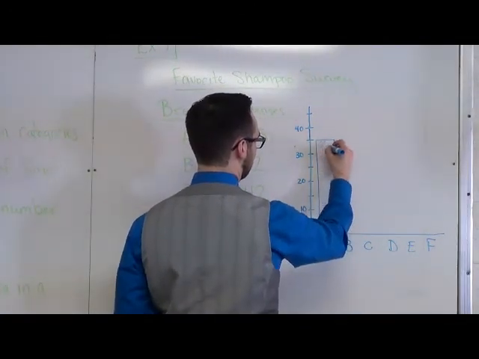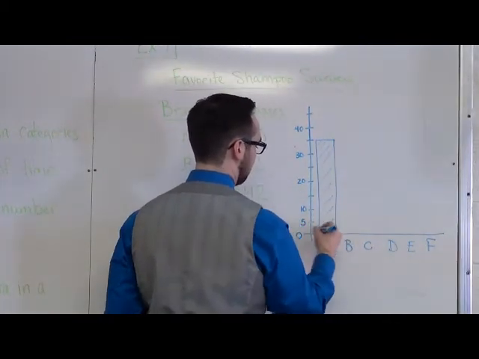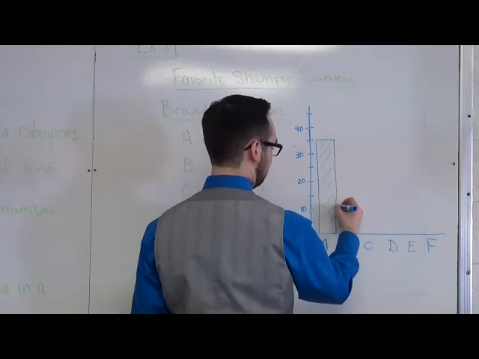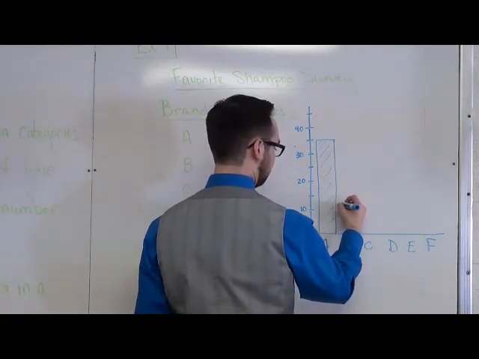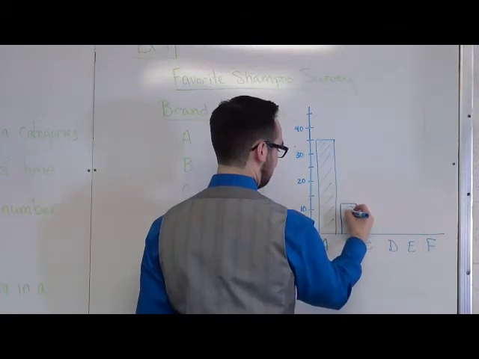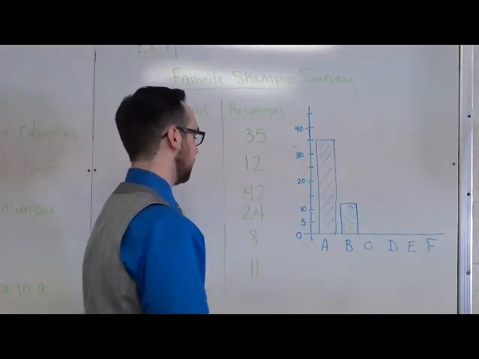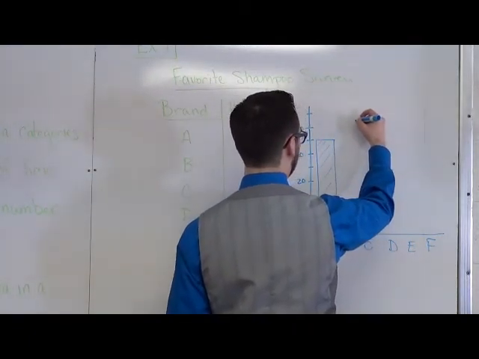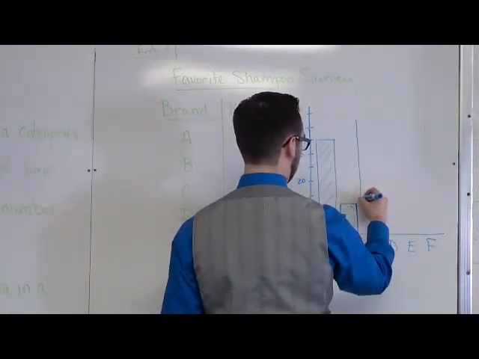And again, you can shade those in if you want. You don't have to. Letter B, we only had 12. So now 12 is in between a couple of these. So we're just going to go in between 10 and 15. So there's B. C, we had 42. So for C, we're going to go all the way up above 40, not quite to 45.